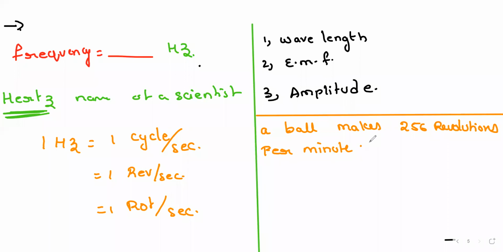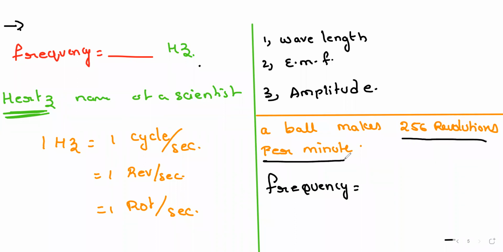So here, what is this 256 revolutions per minute? Frequency. Very good. Frequency.